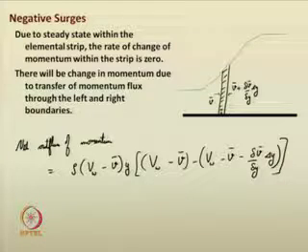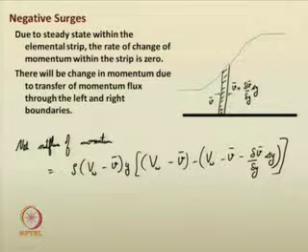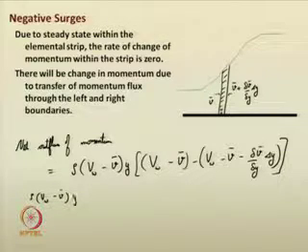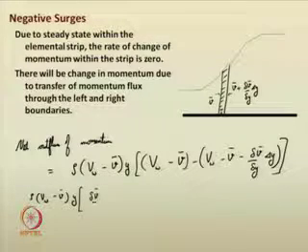Cancel the terms, rearrange the terms, what can you get? I can write, or maybe here itself I will just rewrite it: rho (V w minus V bar) into y into del V bar by del y into delta y.